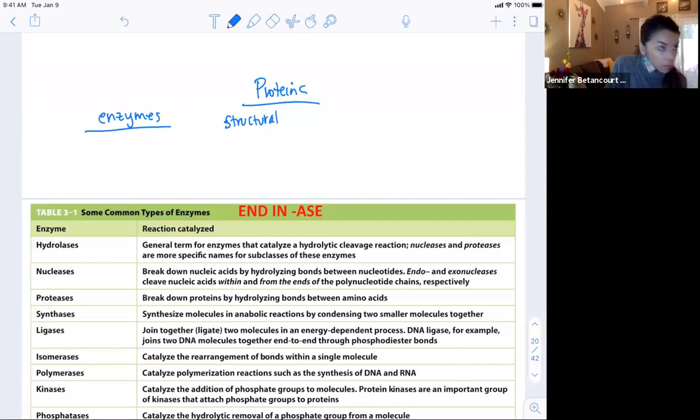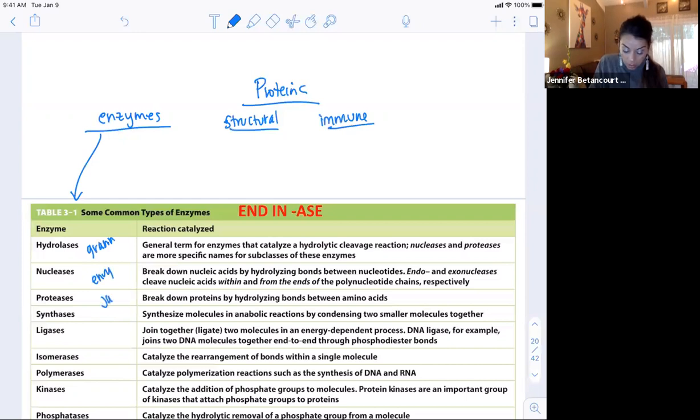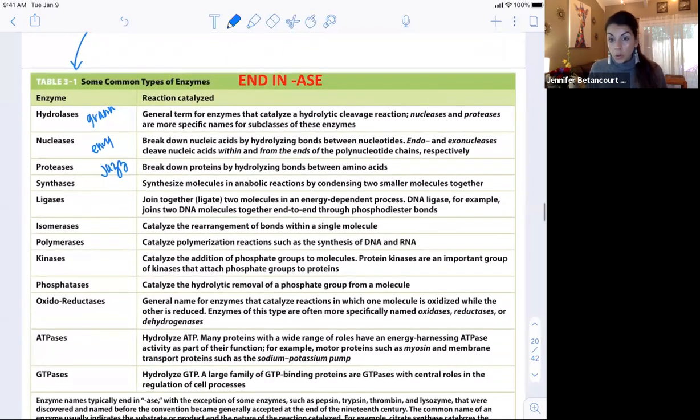These are different types of pears. You have immune proteins. These are your different types of oranges. So in the enzymes, you have all of these common types: your Granny Smith, your Envy, your Jazz, etc. So your job is to be familiar with them.